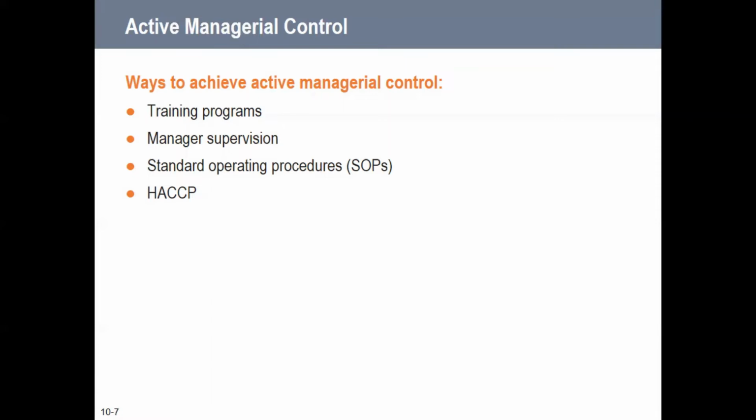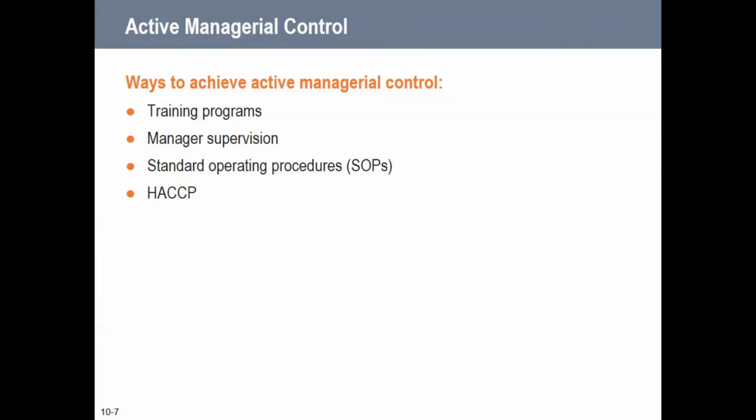So we anticipate where the potential issues are, and then we plan for them and how to avoid them, or if something happened, how we correct it so we're not necessarily wasting product.